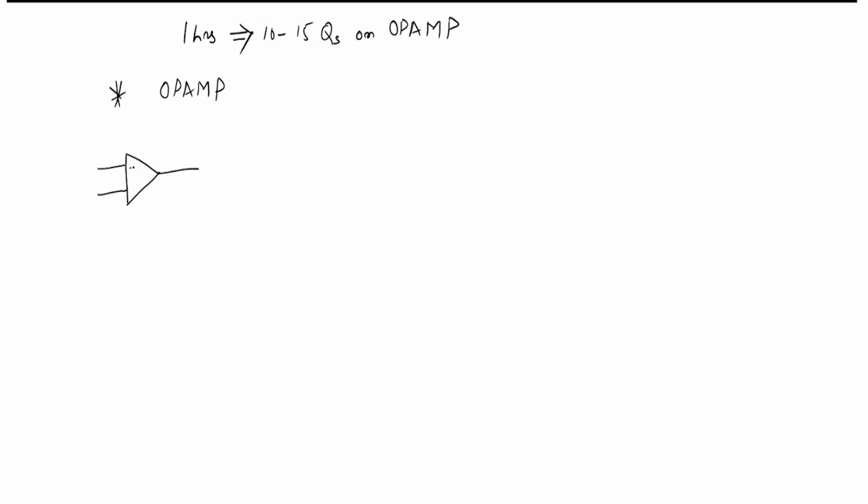you have two terminals, one denoted by minus and the other denoted by plus. I'll call the inputs V1 and V2, and V0 is the output. Sometimes they will show the power supply also, like plus 15 and minus 15 V. If the input is given at the minus, this minus is what we call the inverting terminal.